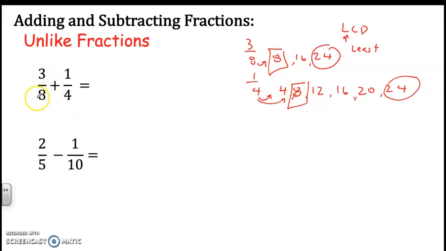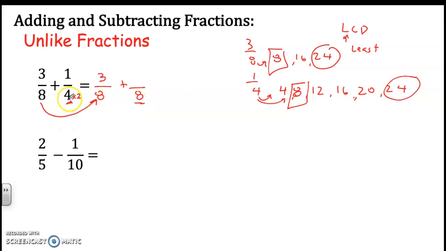Now what? That means these two fractions need to have 8 as a denominator, right? Do I need to do anything to my first fraction to turn the 8 into an 8? Not really, so I bring the same fraction. What about the second fraction? I got 1 over 4. I need to turn that into something over 8. To turn this 4 into an 8, I got to multiply times 2.